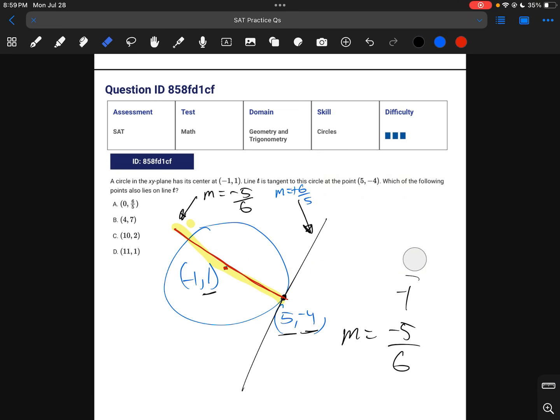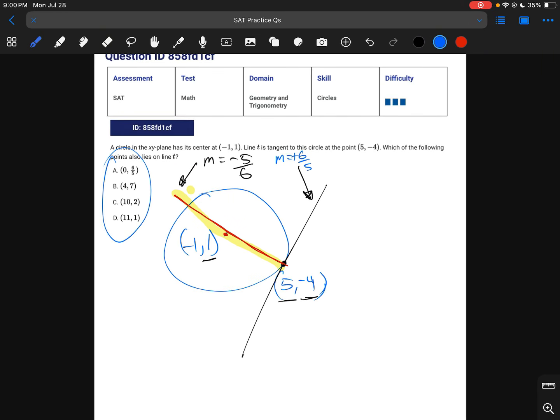So what we can do now is just look at all of our answers and see if they align with our slope, meaning if we go up and over, rise over run, will we run into one of these points? Okay, so let's start there. So we have 5 and -4 as our starting point. So how much do we need to rise? Which means our y-axis has to go up.